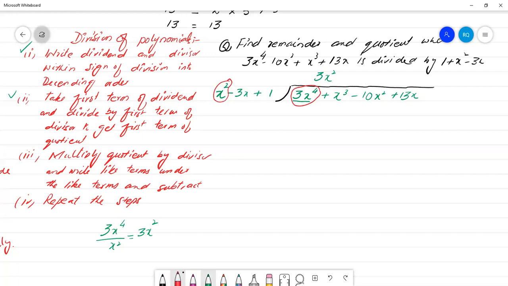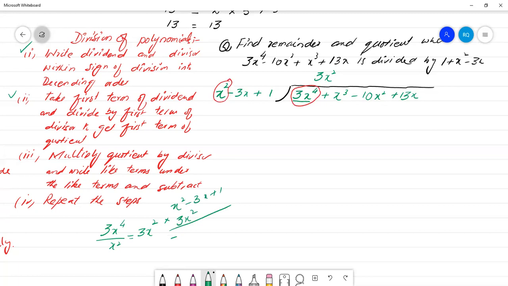Now, what will you do? You will multiply 3x square by the whole divisor. x square minus 3x plus 1 is the divisor, and that's the quotient. Multiply. When you multiply, the powers of the variable will be added.